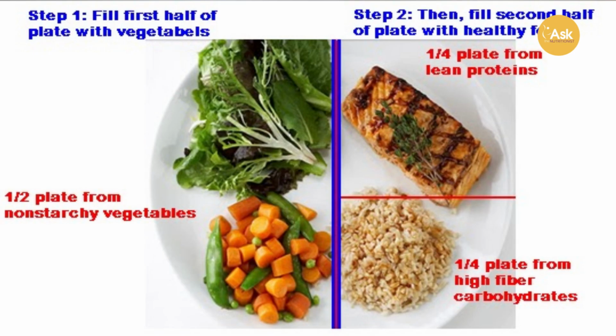If someone else is serving you, then you can also tell them, hey, I would need at least half of the plate to be vegetables, at least a quarter to be the protein that you're serving for the day, and the other quarter to be the carbohydrates. That is a rule of thumb that you can always use to meet your correct carbohydrate requirements.